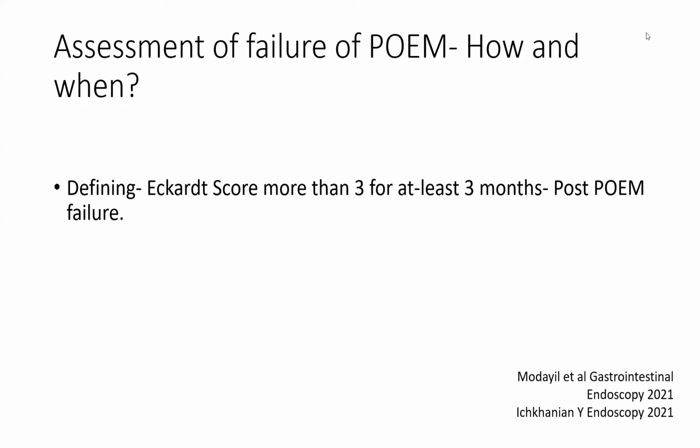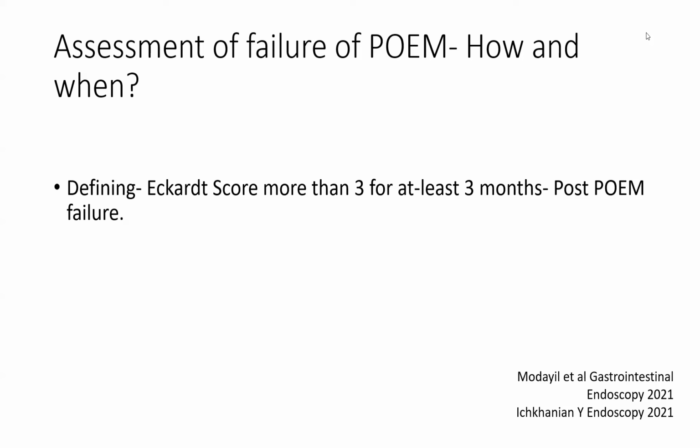I think across the board, the only way you can define it is an Eckardt score of more than 3 for at least 3 months post POEM or post lap Heller, whether it's a POEM or lap Heller, it doesn't matter. Whatever myotomy has happened, the patient's Eckardt score, once it comes down, goes back up to more than 3, lasting for at least 3 months. That should be the defining feature of a failure of a POEM.